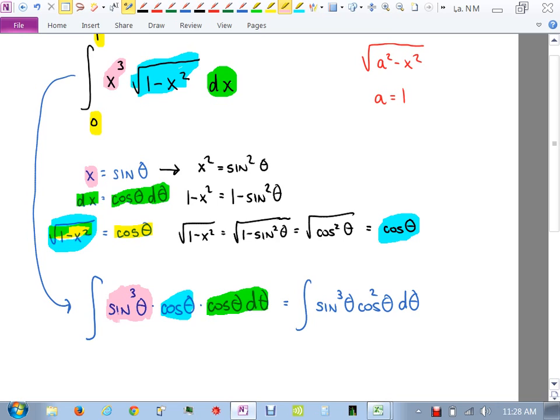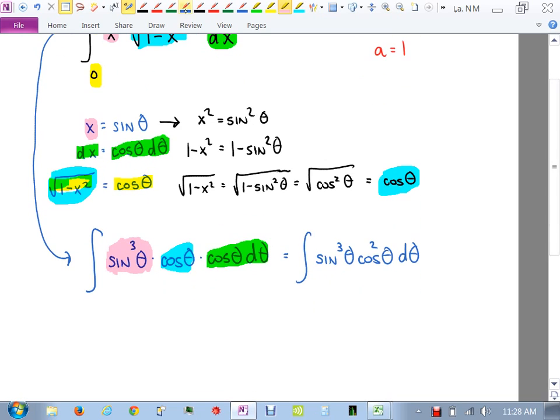Now, sine cubed theta times cosine squared theta is homework material from last time. The way you would get that is to peel one sine off. Okay, I'll set it up, but I'm not going to work through it. I would peel one sine off, which would leave me with the sine squared theta, cosine squared theta. Here's the sine that I peeled off.